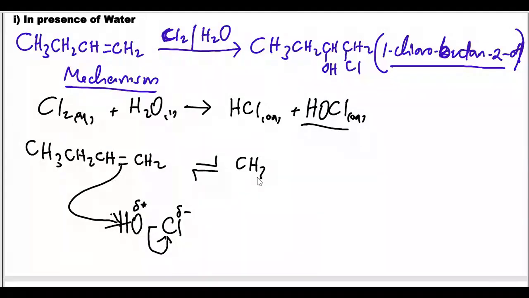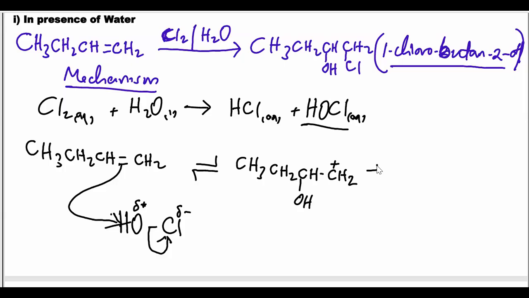We are going to form CH3, CH2, CH, CH2, then OH. But maybe we don't follow the Markovnikov rule, because we are going to put OH, which means your OH goes here, and here becomes a cation.